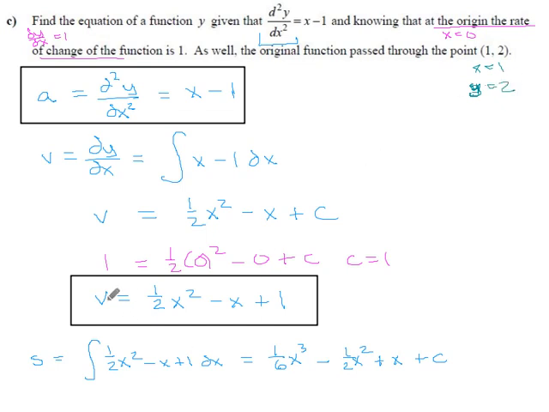So I should be calling that y. I got used to equations of motion, which this kind of isn't. So y equals 1/6 of 1 cubed minus 1/2 of 1 squared plus 1 plus c.